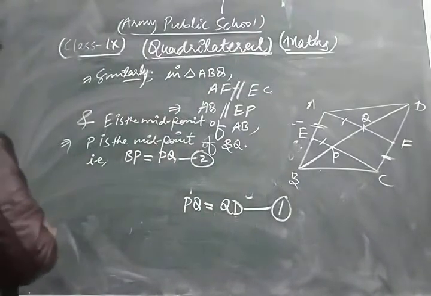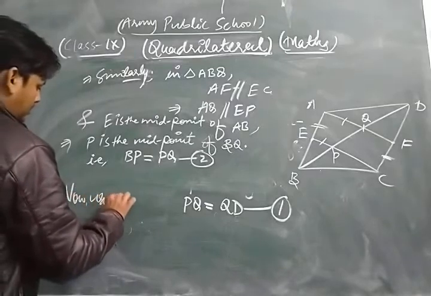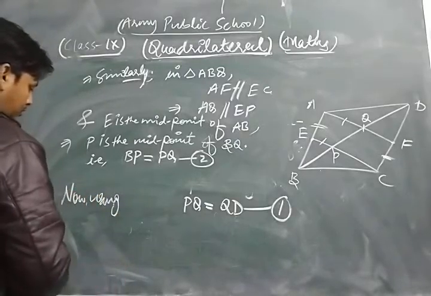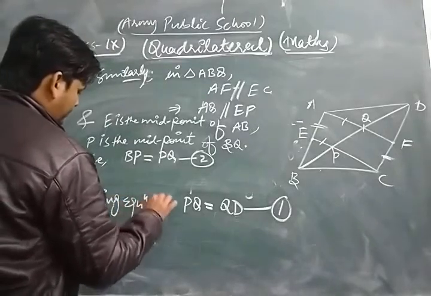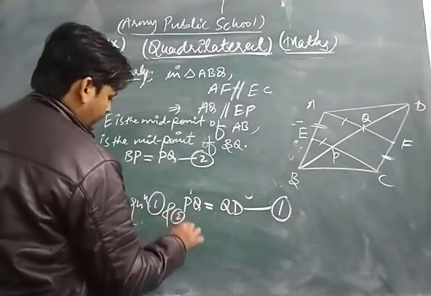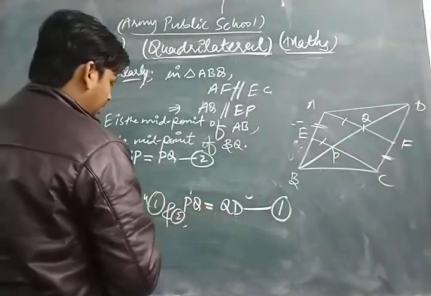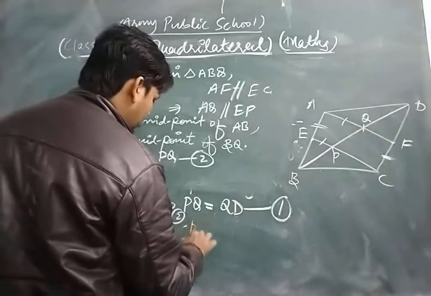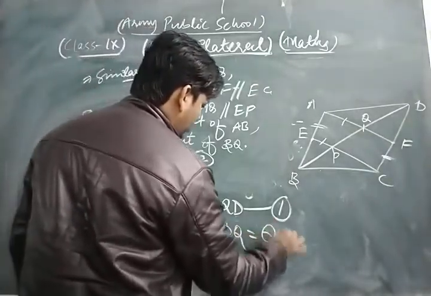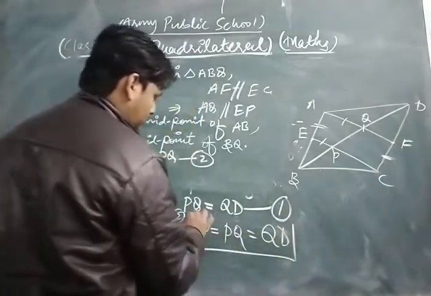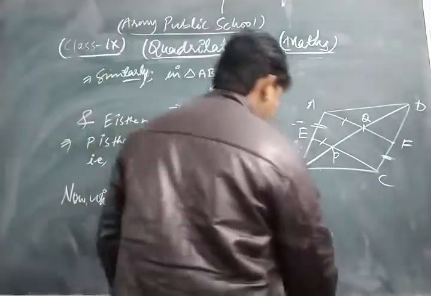Using one and two, BP is equal to PQ is equal to QD. Hence proved.